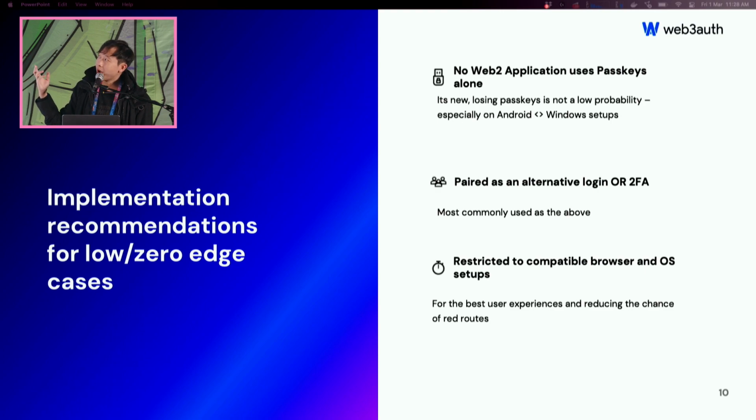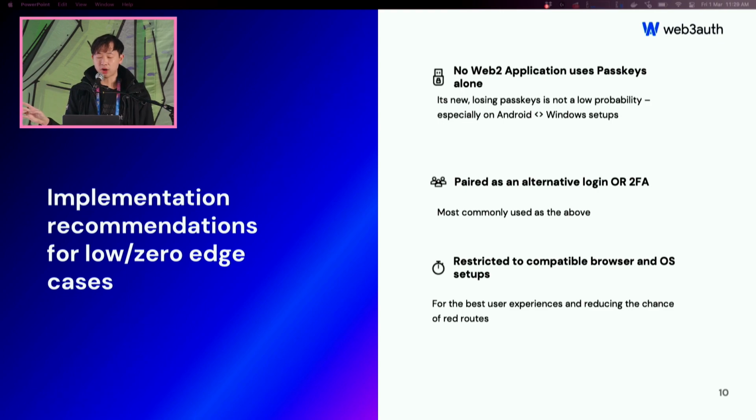This is because passkeys are not exactly as robust. There are edge cases. People do lose them, and you don't want people losing accounts on your implementations. No Web2 implementation that exists today includes just a passkey login into a user account, because recovery is an issue.